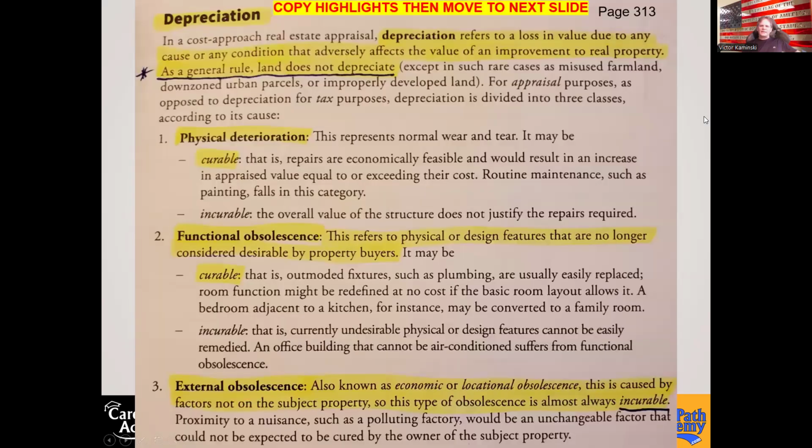So here's what you'll highlight in the book. For depreciation: physical deterioration, functional obsolescence, and external obsolescence. Let me know when you've got those highlights down, please.